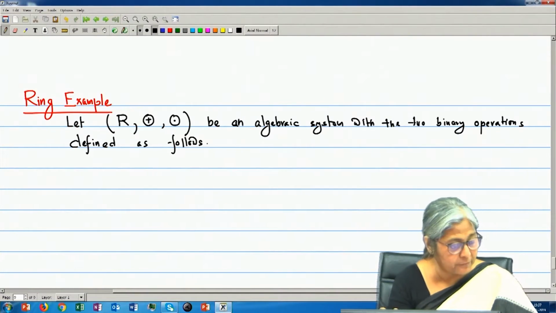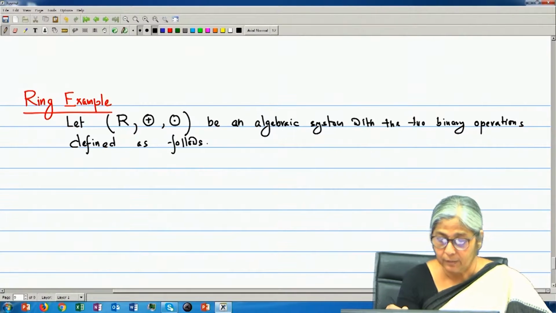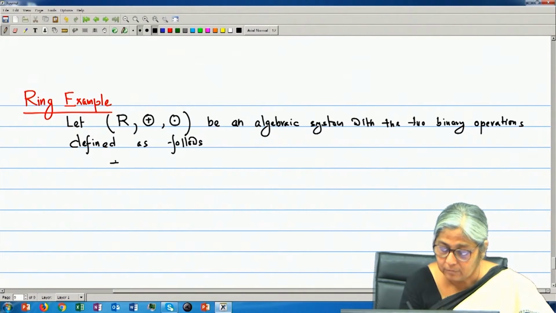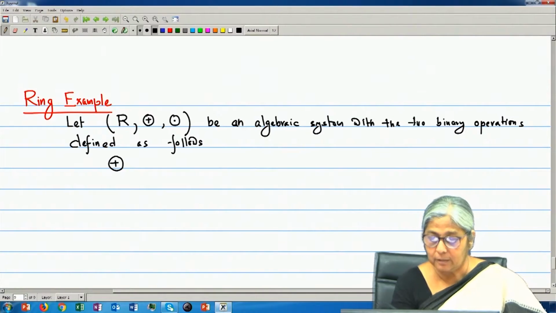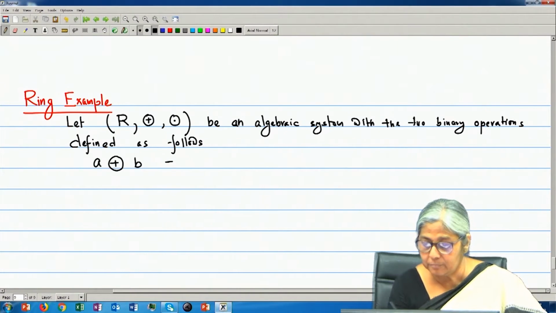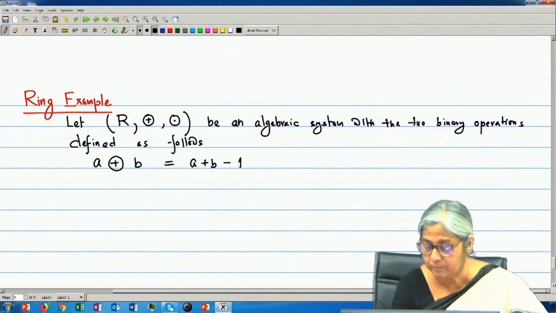So, what are those operations? The addition I am defining is a ⊕ b = a + b − 1.